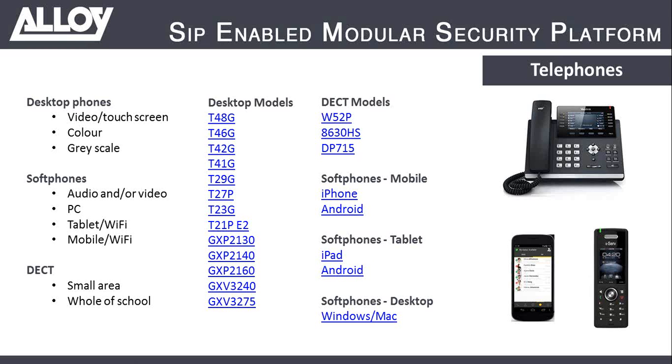One of the ones I want to talk about today, just briefly, is the Grandstream GXV 3275. So you'll notice these blue links in this presentation. When you download the data set that'll be on the Alloy website after this, you'll be able to click onto any of these part numbers and it'll load the data sheet for you. So I'm going to do that now and hope that it works. Live testing.